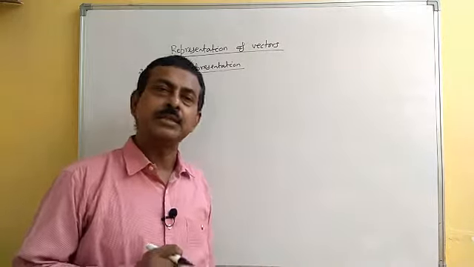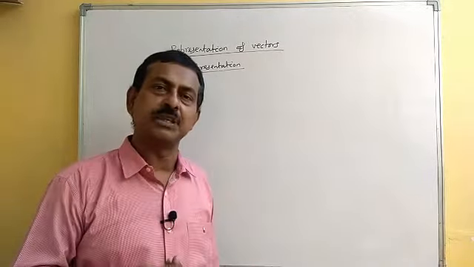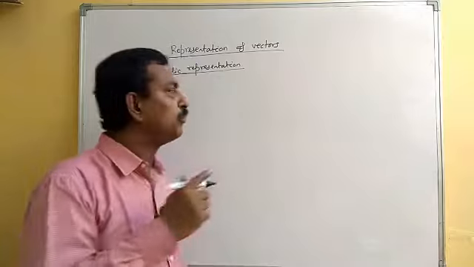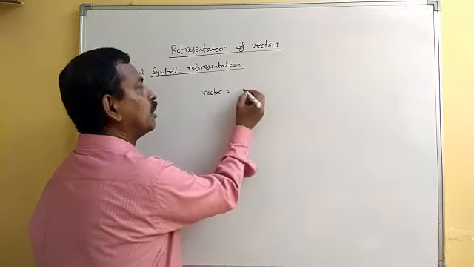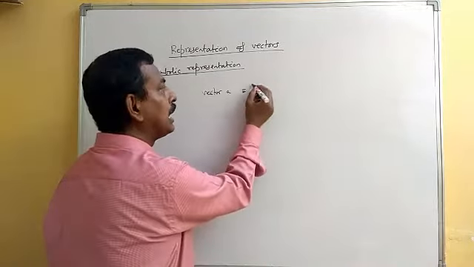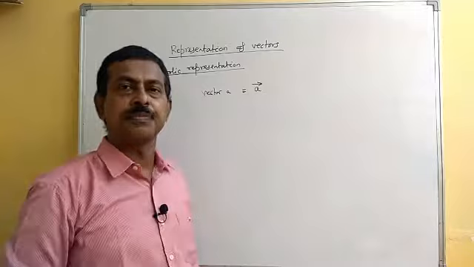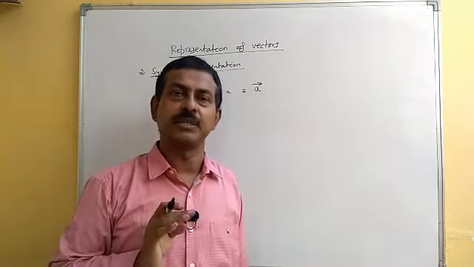Next is symbolic representation. How do we symbolically represent a vector? Suppose we have a vector A. We represent this as the symbol A with an arrow over it. We use the arrow to specify that this is a vector quantity.